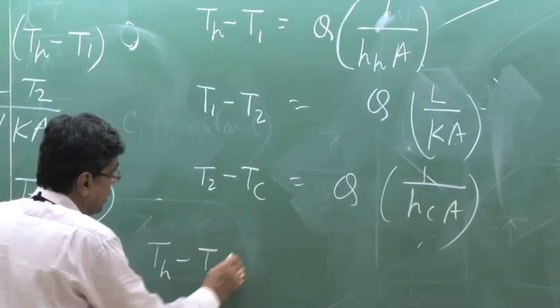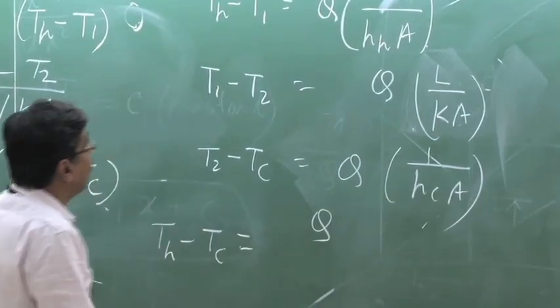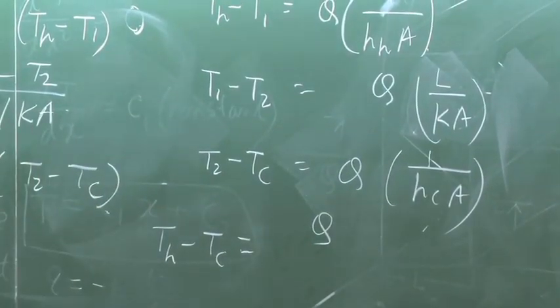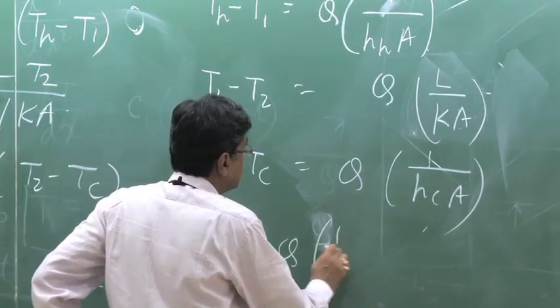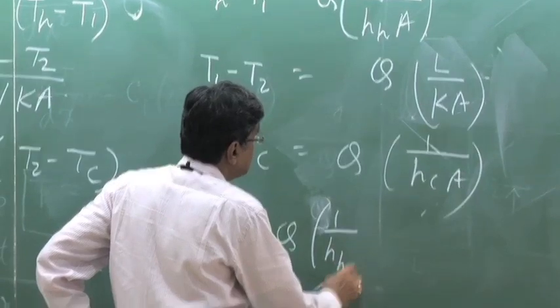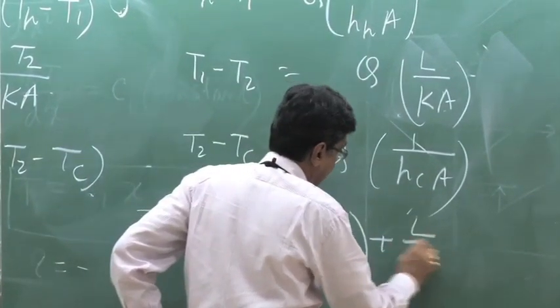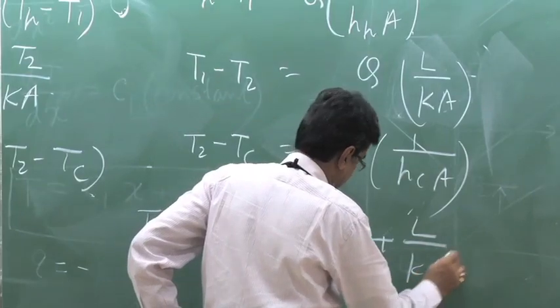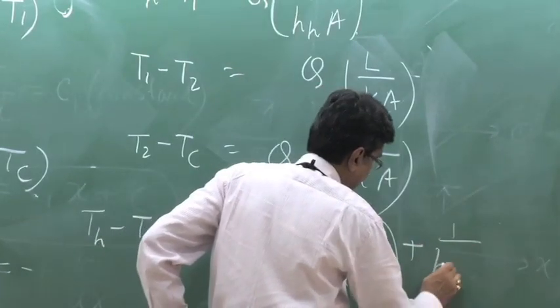And now if we add these three, we can get TH minus Tc is equal to Q into 1 by HHA plus L by Ka plus 1 by HCA.